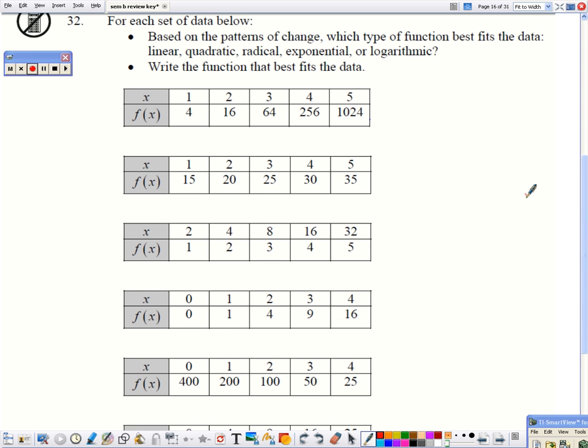For 32, I'm going to look at the pattern of our data. So I notice the x's go up by 1, and my y values are multiplied by 4 each time. So that means it's exponential. Because it's multiplied by 4, that's my b.